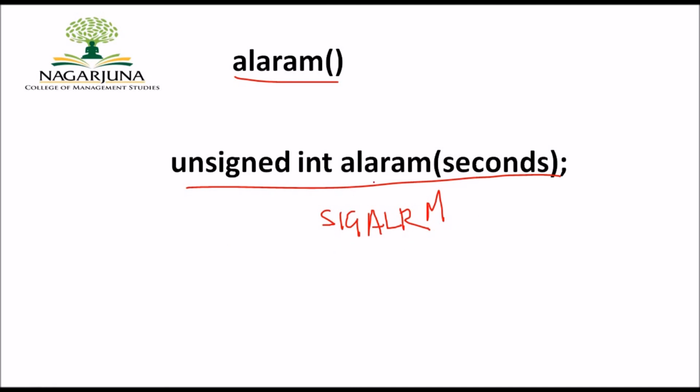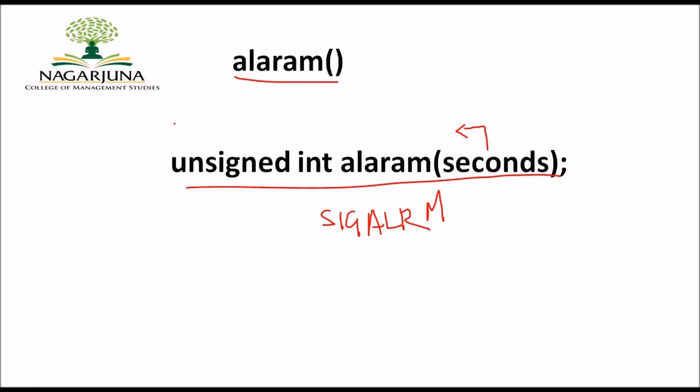It generally returns an unsigned integer, indicating whether it has been successfully executed or not, and whatever value is returned is always represented in terms of seconds. That means the duration after which this alarm is sent and the process is executed.